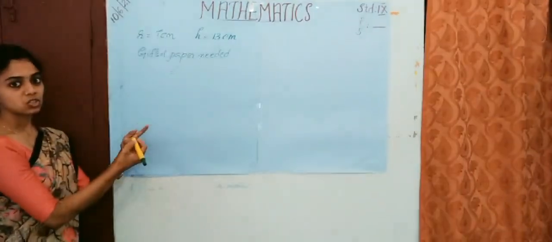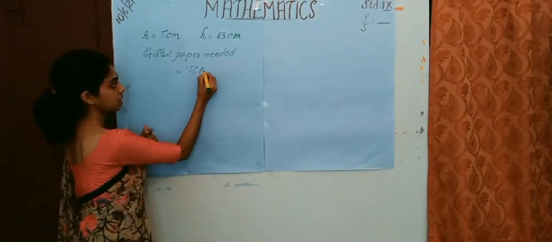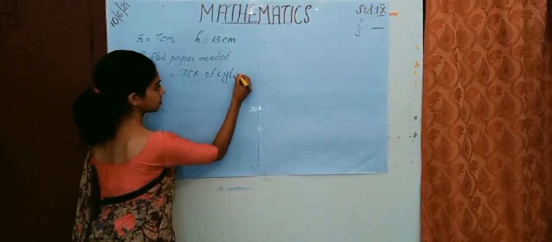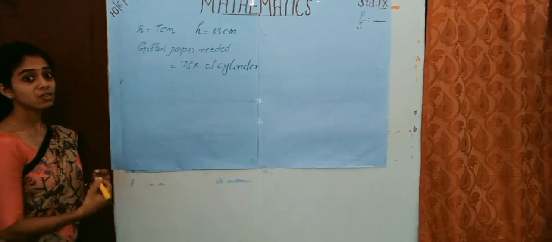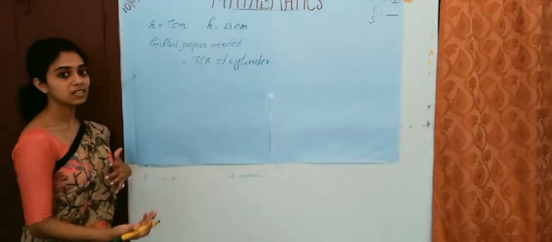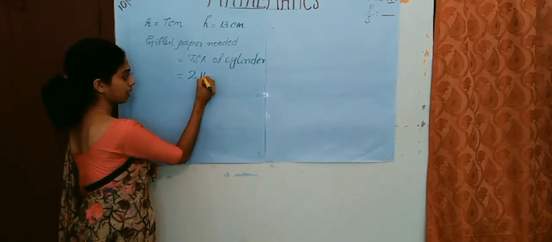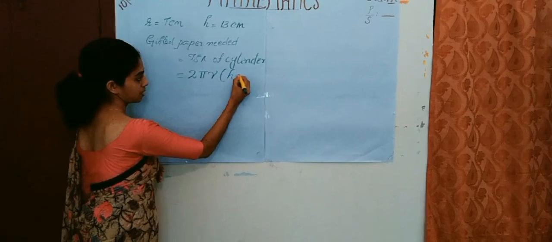Here I am writing total surface area in short form as TSA. TSA of cylinder. What is the formula for finding the TSA of the cylinder? It is 2 pi r into h plus r.